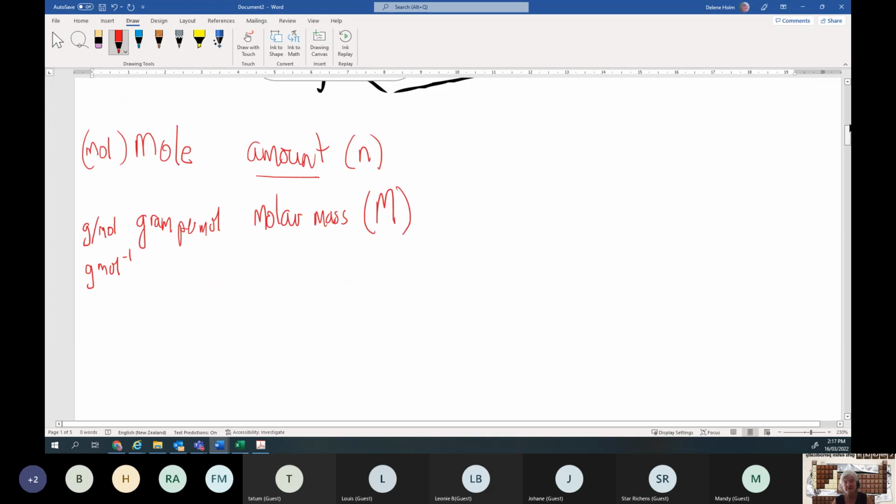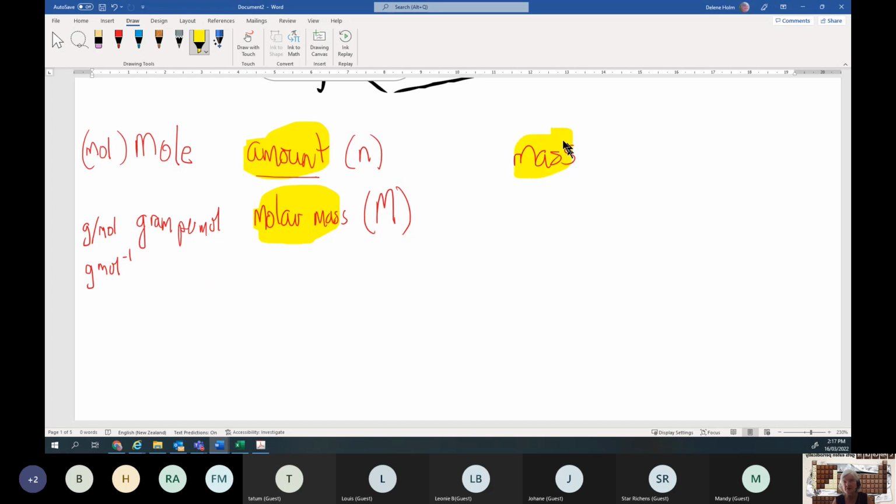Then the last quantity you need to know that we're going to be dealing with this lesson is mass. So these are the quantities. If I say calculate the amount, it means you need to use the symbol n and you measure it in mole. If I say calculate the molar mass, you need to solve for capital M, and the unit will be gram per mole.